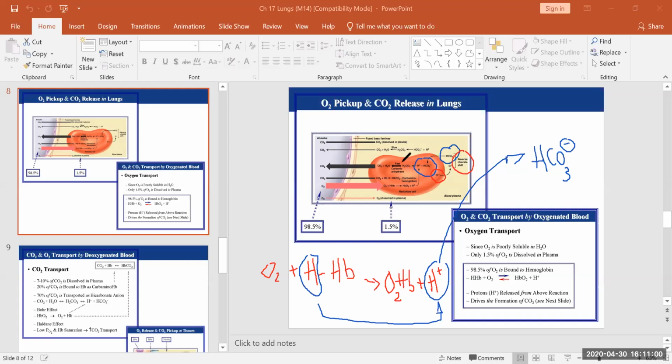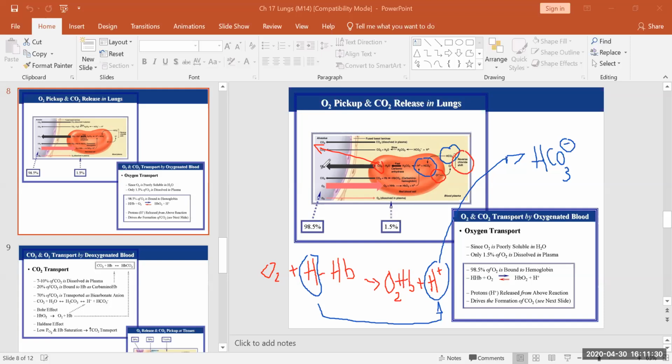And that carbonic acid is basically dismantled into water and CO2. And you see where I'm getting at. That CO2 now will go into the alveolar space where you're breathing out. So this is amazing. When oxygen comes in, it induces CO2 being released back into the alveolar space.